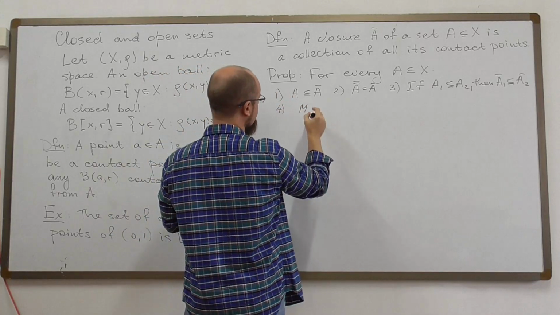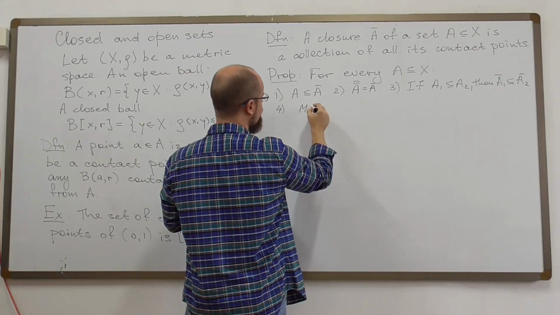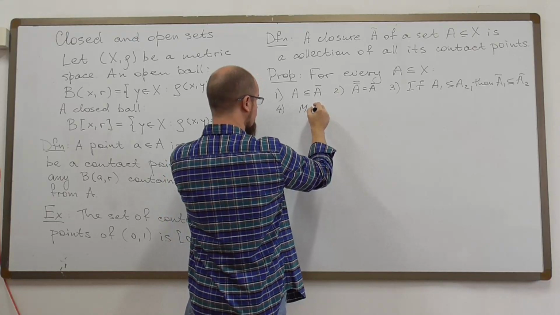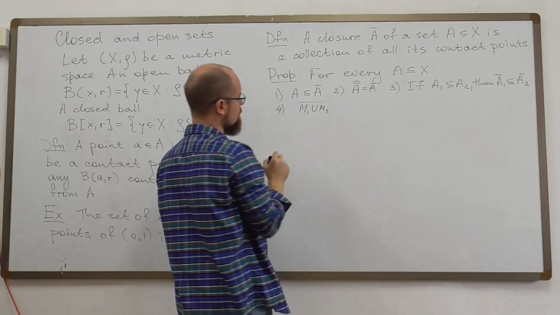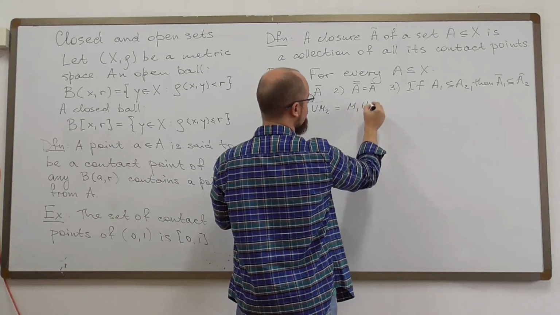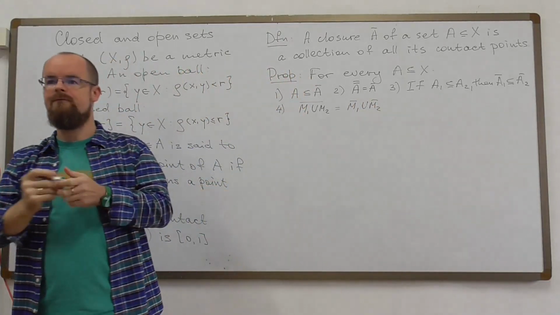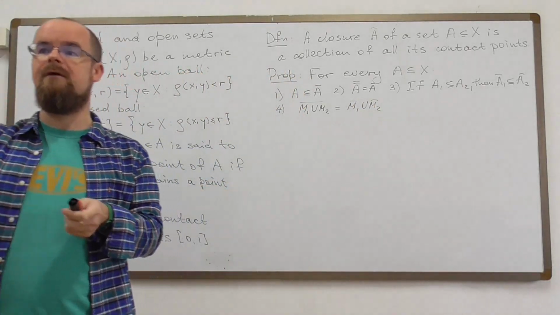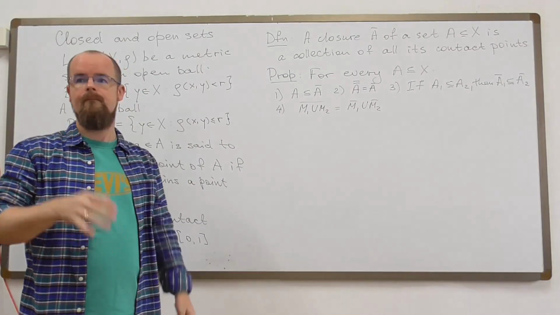If we take two sets, take the union and take a closure, then what we will get is nothing but the union of closures. So these properties are fairly simple, and I'm leaving them for you as an exercise.